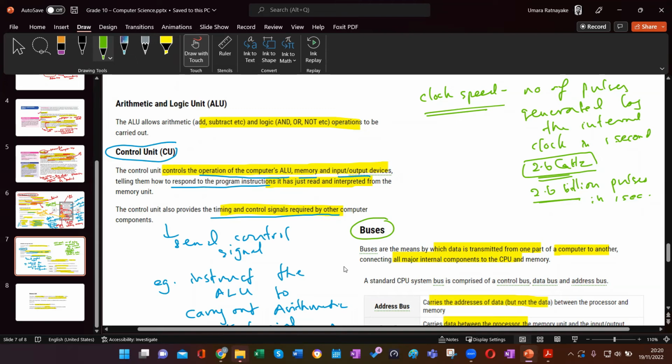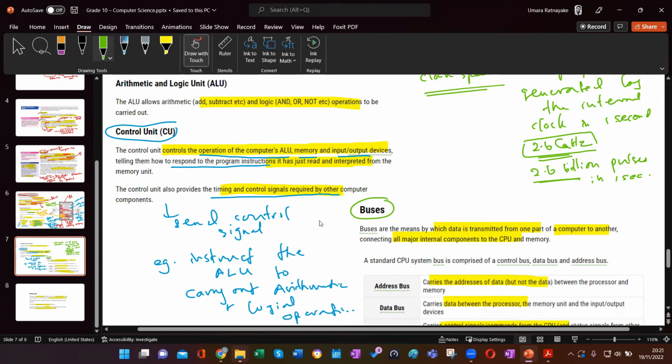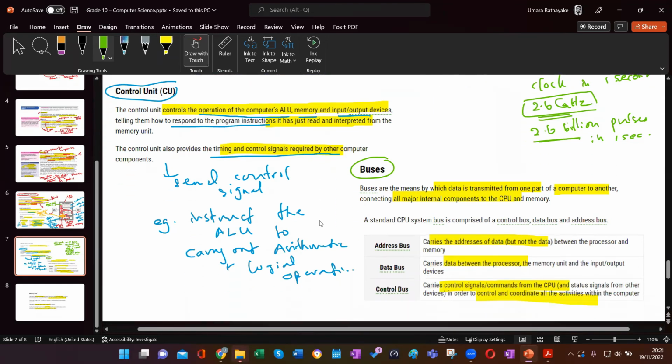You may have already heard about the concept of bus speed. You must have heard about bus speed, bus width, right? So bus is responsible for transferring data and instructions among these components. Bus is actually a collection of parallel lines.